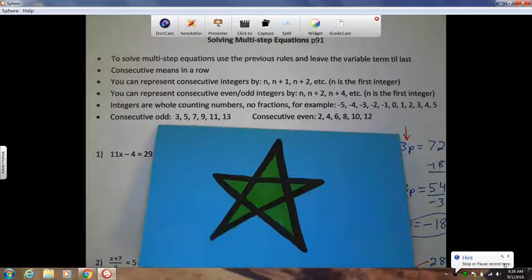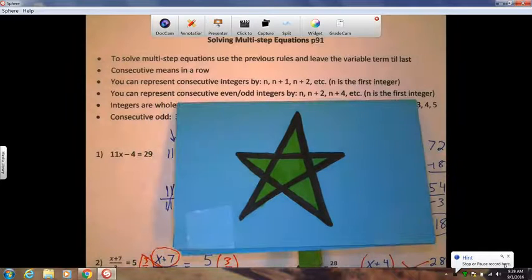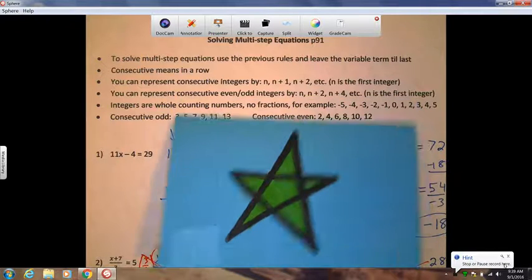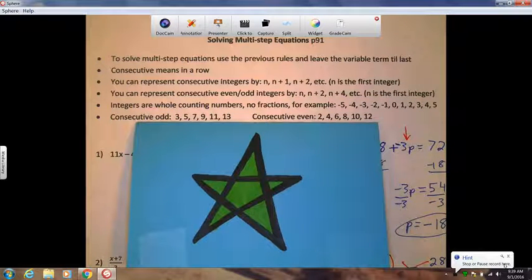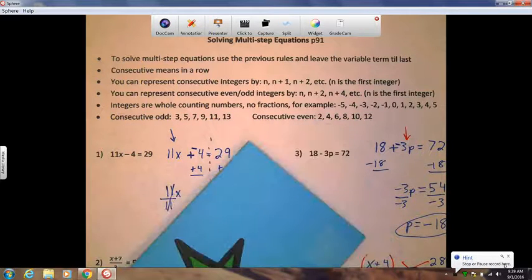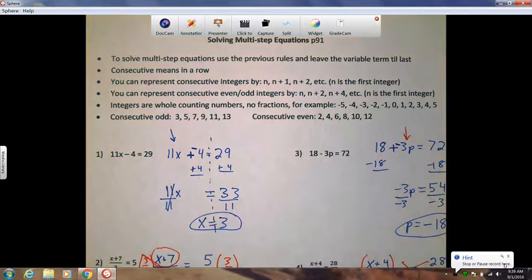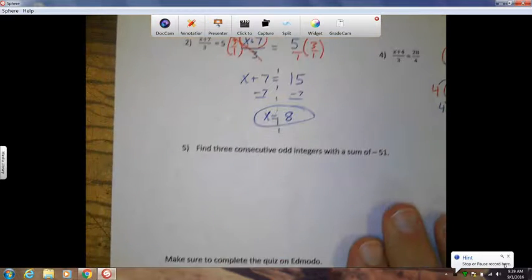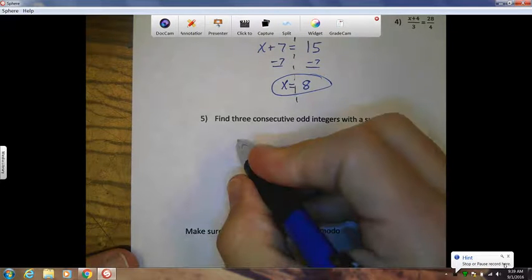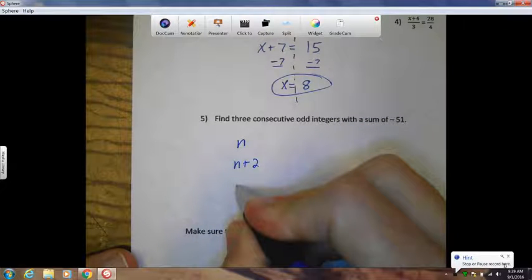So here's how I represent even or odd integers. Right here. Here's what consecutive odd integers will look like: 3, 5, 7, 9, 11. So I know my answer is going to be something like that. So it's consecutive odd or even integers. So I have n, n plus 2, n plus 4.